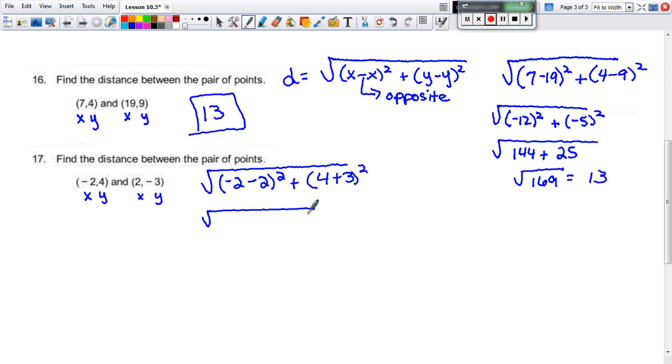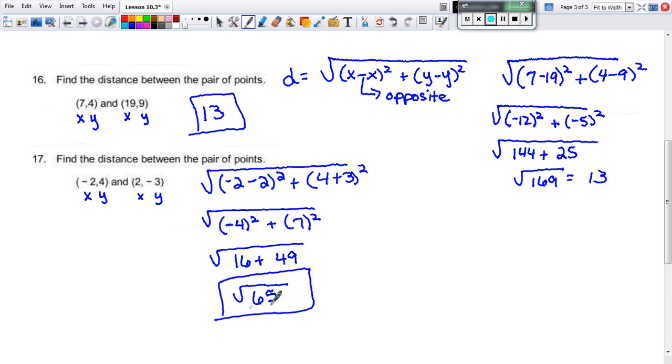So then I get the square root of negative 4 squared plus 7 squared. So that's the square root of 16 plus 49, which is the square root of 65, and that one cannot be simplified. So that's your answer.